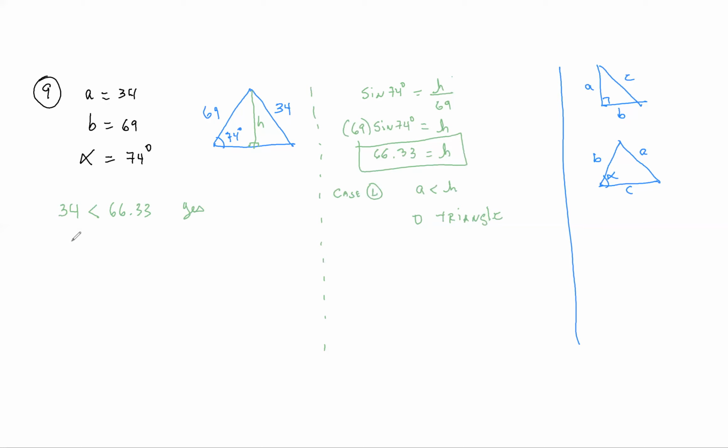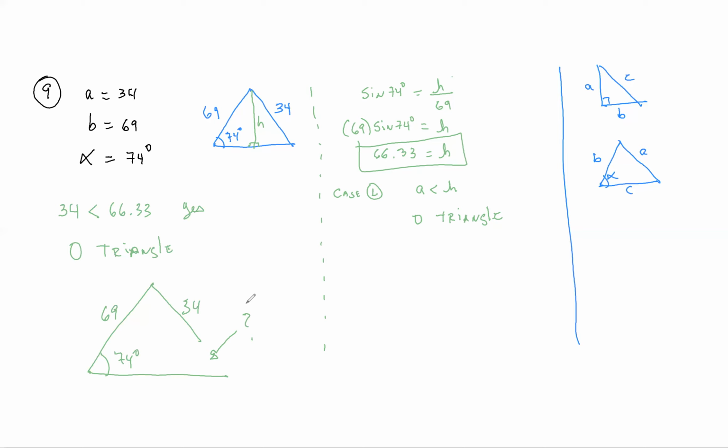Yes, zero triangles. This triangle is fake. The truth of this triangle will be something like that. What happened with this part? We don't know, it's fake. This angle doesn't exist. How many triangles? Zero triangles. Why? It's fake.